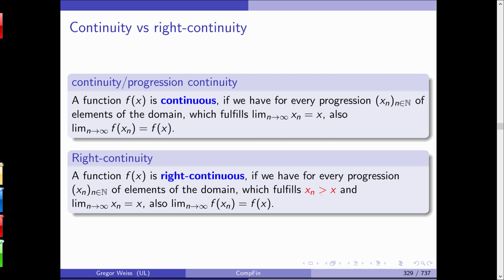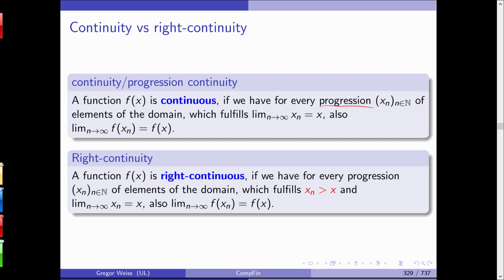A function is continuous if, for every sequence xn of elements of the domain which fulfills that the sequence xn has x as its limit, we have that the limit of f of xn is f of x.